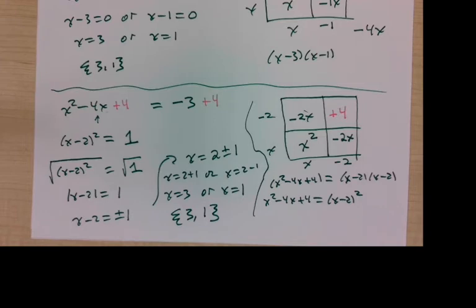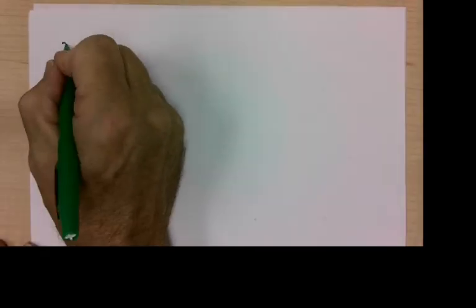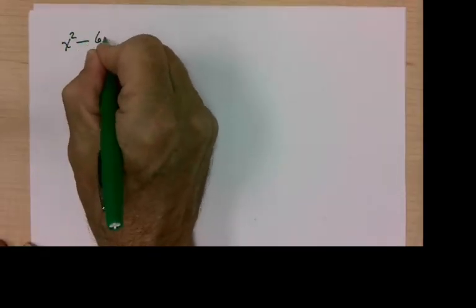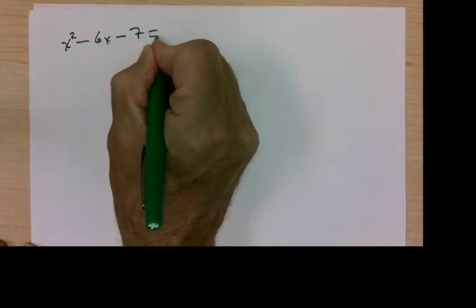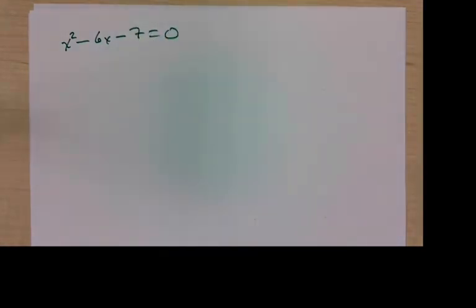Okay, let us take a look at another one of these. So we'll look at x squared minus 6x minus 7 is 0. I want to quickly solve it with factoring because I can.